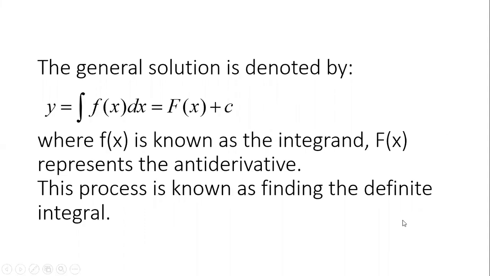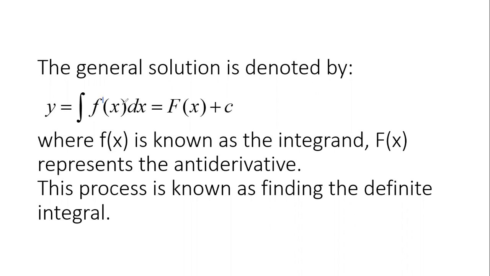Okay, now this is our general solution. So if we have y is equal to the integral of f of x dx, this is going to be equal to our function of x plus some constant. Essentially, the original function y is going to be equal to the anti-differentiation of our derivative times dx.